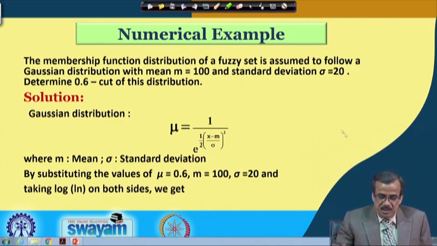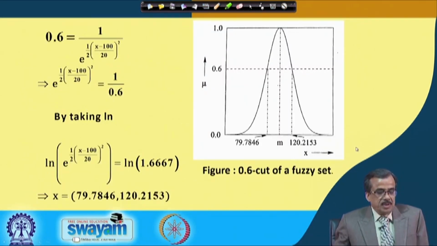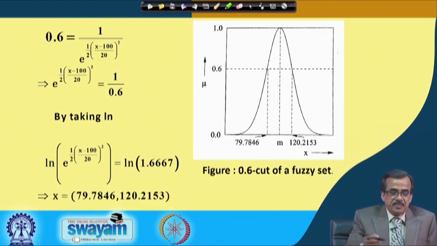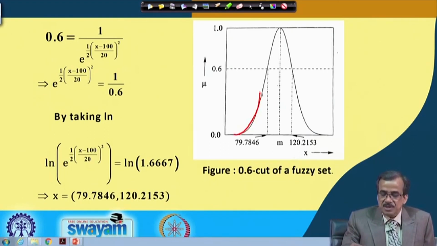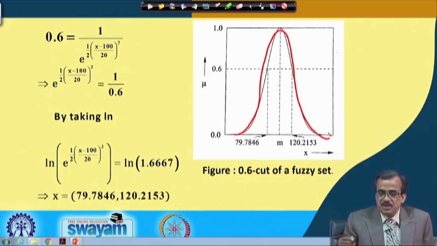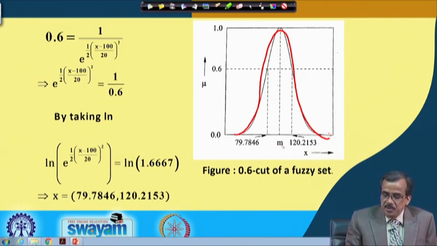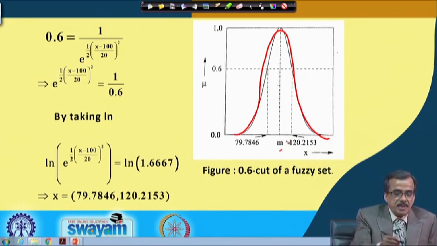Now, you substitute the values for mu, m and sigma, and this is nothing but the Gaussian membership function distribution with mean equal to m.